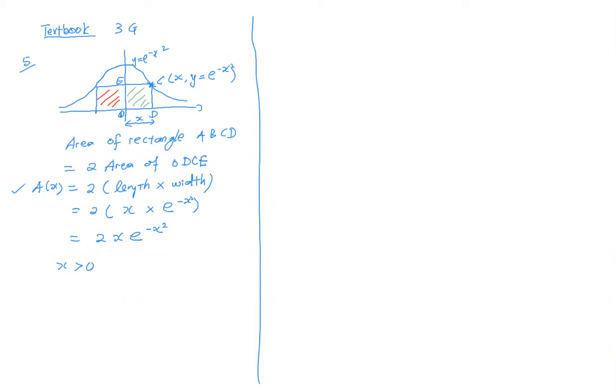I don't get what you mean by how I know the coordinate of C. C lies on the curve. I just let OD be X, so C is vertically above D. Is that okay? Okay, so you try to differentiate this. Your U is X. Your V, be careful, just now I misread, it's e to the power negative x squared.